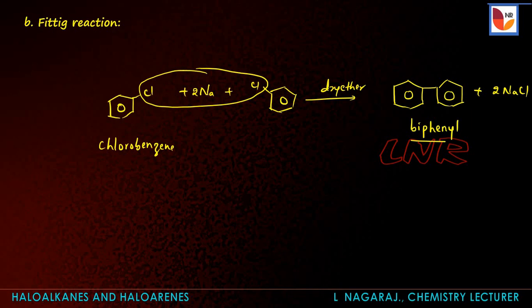So in the examination they may ask, explain Fittig's reaction, or how to prepare biphenyl from chlorobenzene. That is, biphenyl is prepared by the reaction of chlorobenzene in the presence of sodium and dry ether.